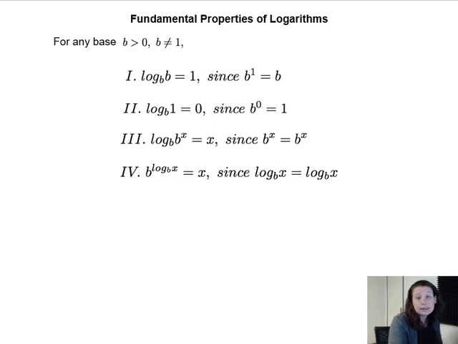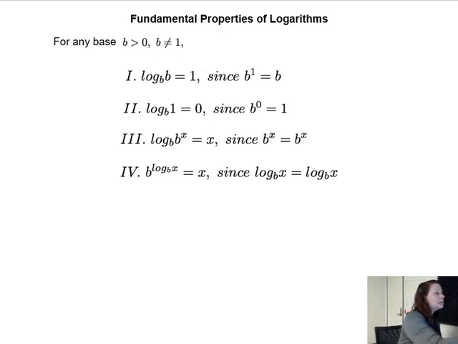For any base that is above 0, remember that having the negative in there just means a reflection, so it doesn't really change anything. Then b cannot equal 1 because that's the trivial case, right? So our first one here is that log base b of b equals 1, because it's the same base, base b of the log and base b of the inside, the exponential portion.